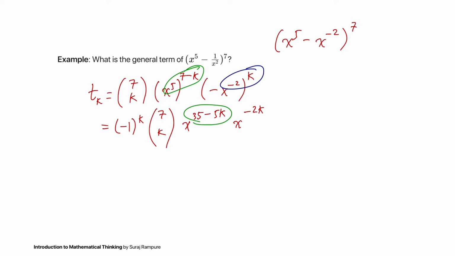Okay? So this is almost like a special case because both of these variables, my x and y, were in terms of the same variable x. If this was x^5 minus y^-2, I would be done here. But since both of them involve an x, I can combine them into (-1)^k, 7 choose k, x^(35-7k).